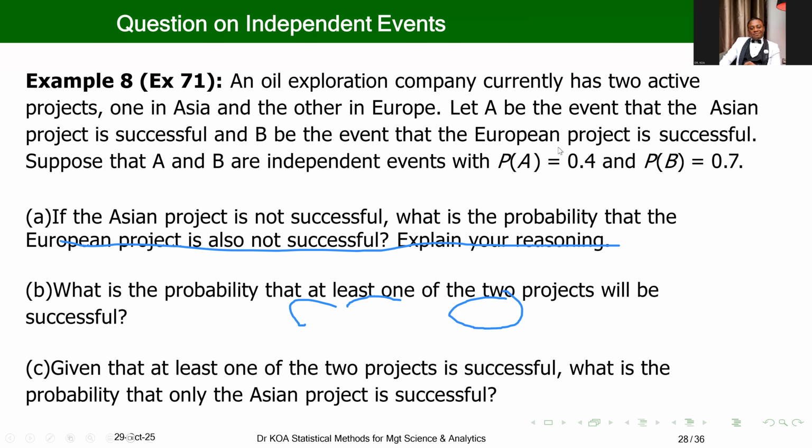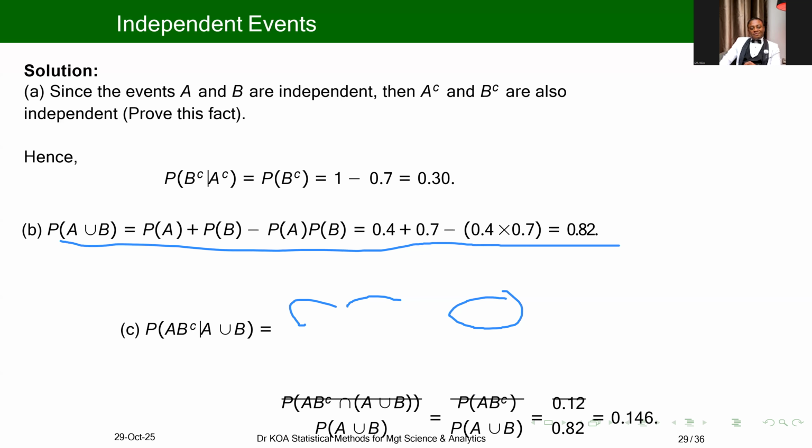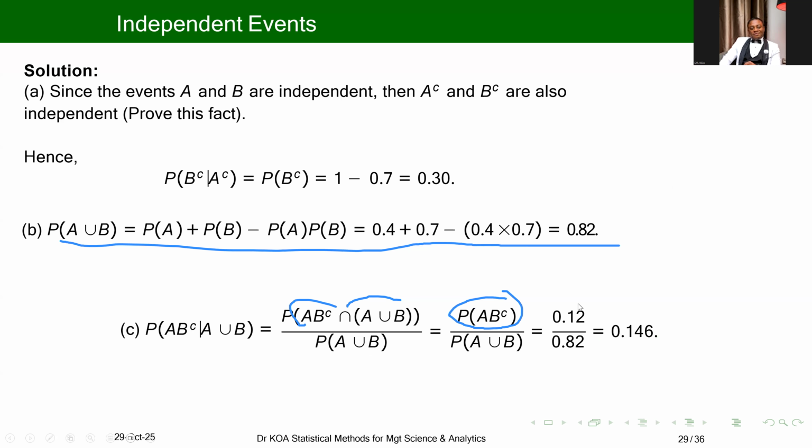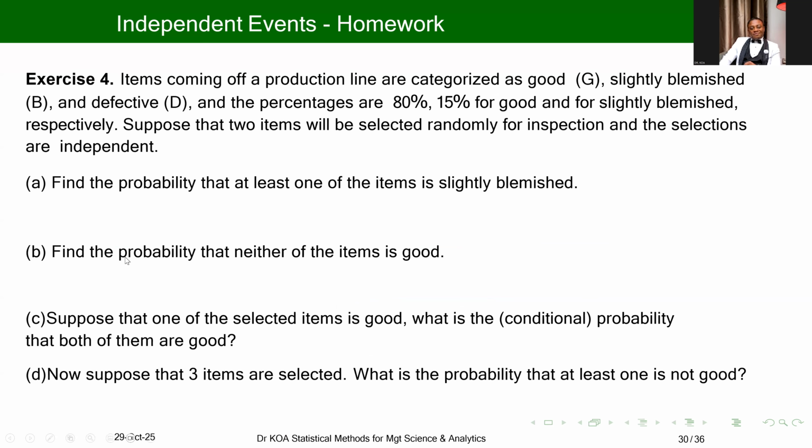That is 0.4 times 0.3, which is 0.12. So the numerator becomes 0.12 divided by A union B, which is 82%, giving you finally 0.146. All right, so that is how you are able to design and understand these independent elements.